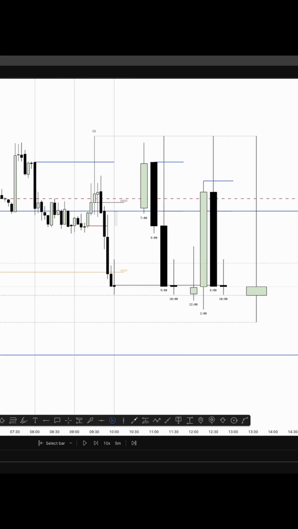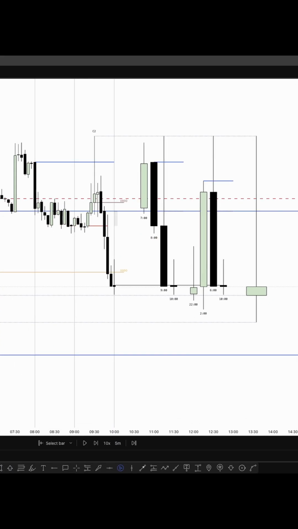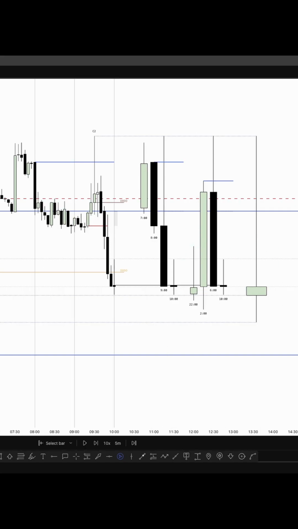This day, I always recommend for you to trade C3 if you're a beginner, right? This day I decided to trade C2 because of all these confluences that I'm telling you. I believe my entry was done at 9:50 as 9:50 went into this order block here. And that was my entry. My stop is at this high here.